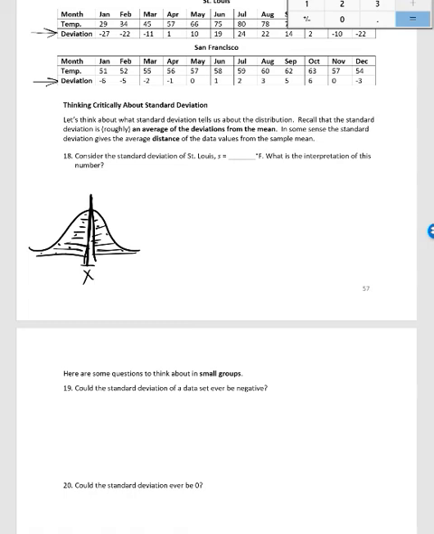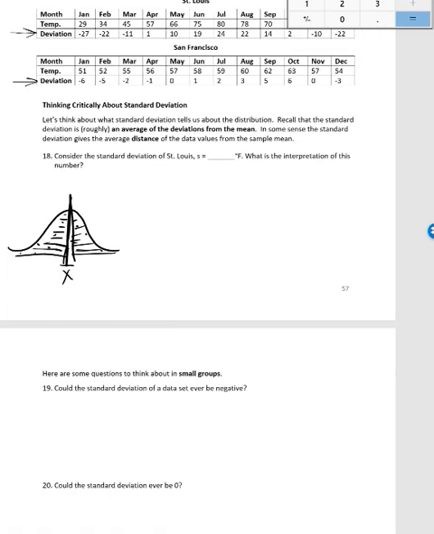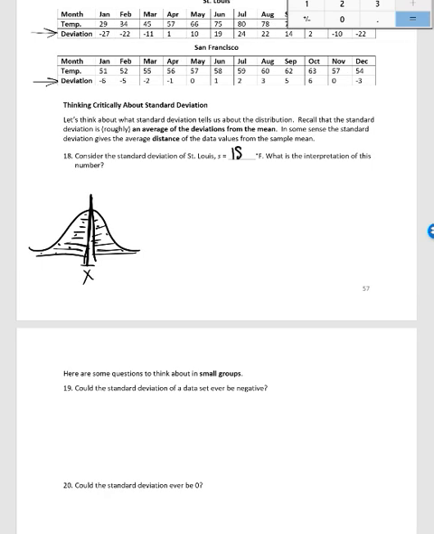Now consider the standard deviation of St. Louis, which was 18 point rounding. So what is the interpretation of that number?